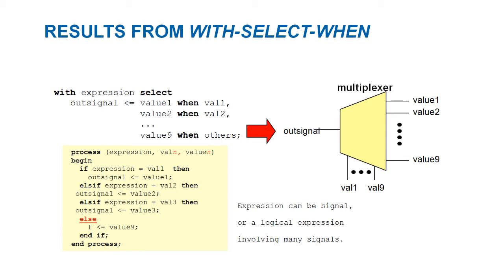And we continue this until we have an else statement for the expression being given any other value, or perhaps a default value 9. So the expression in itself can be a signal coming in, or a port, or a logical or arithmetic operation that can lead to many alternatives.